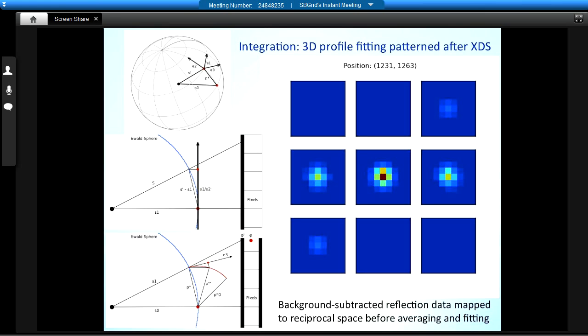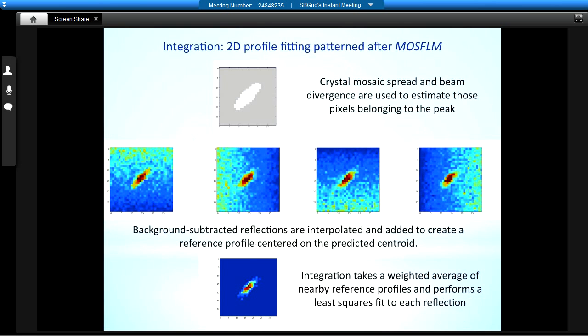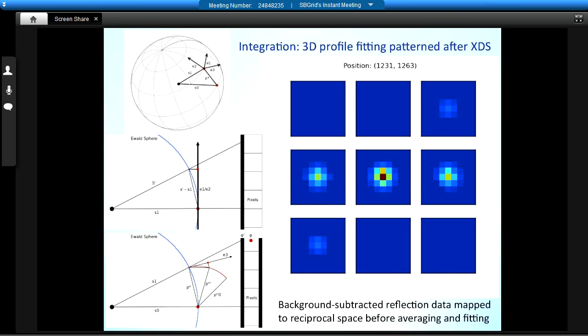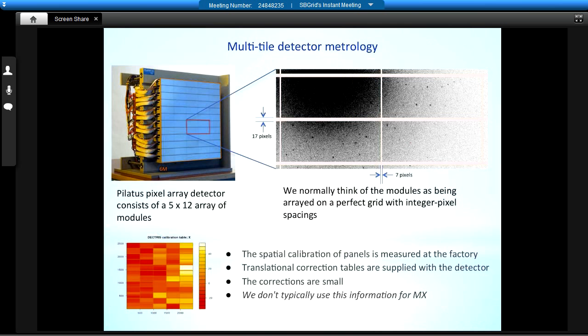So this is a series of 9 images, and this is the center image with most of the reflection intensity, and these are the profiles for the side images. And the background subtracted reflection is mapped to reciprocal space, and then we average and fit these profiles.